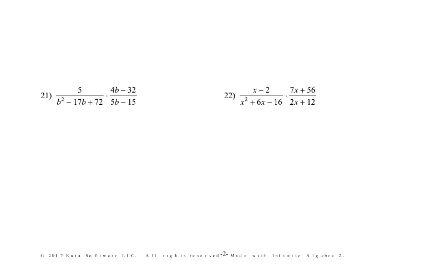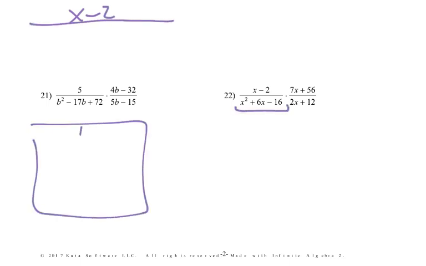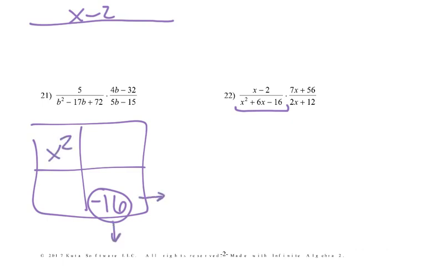Alright, 22, same thing. So we get an x minus 2 on top. We factor that. And hopefully you've noticed that whatever ends up being the factors here get pulled out here and here. And then this goes here and here.